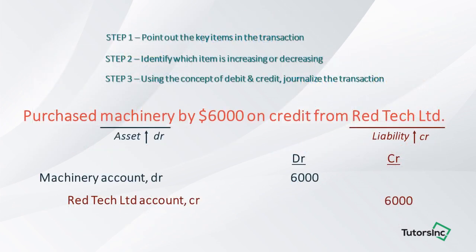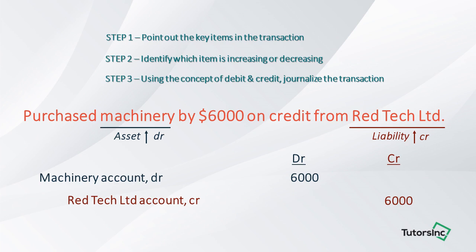Let us review this whole transaction before we wrap up. According to step 1, we have identified that machinery and RedTech Limited are the two key items of this transaction. According to step 2, we have figured out that assets and liabilities are both increasing in this particular transaction.